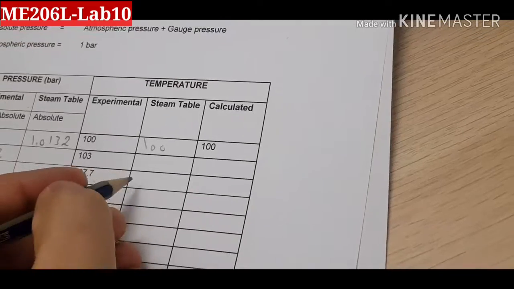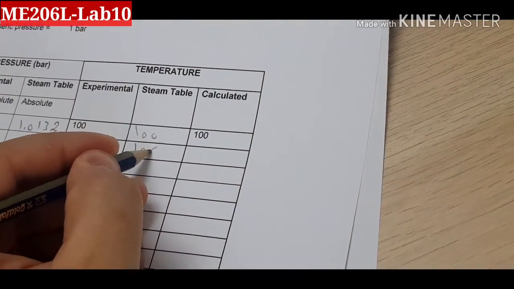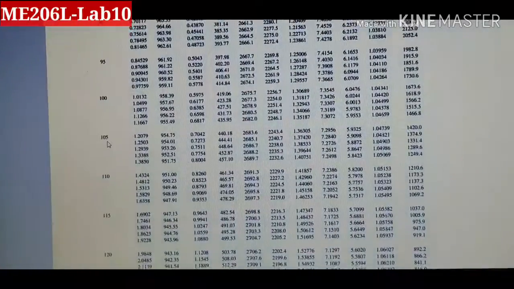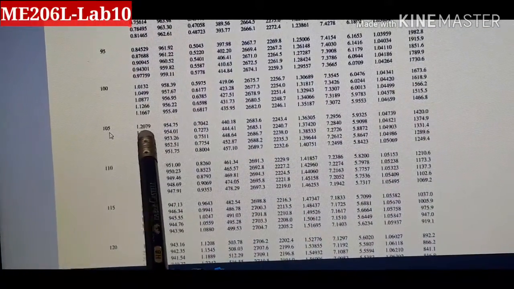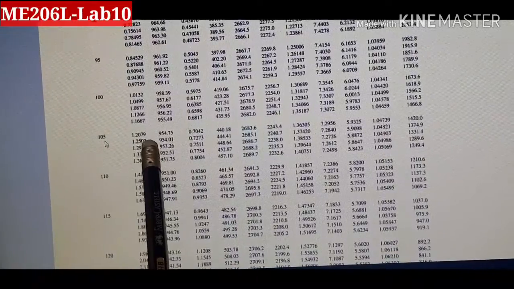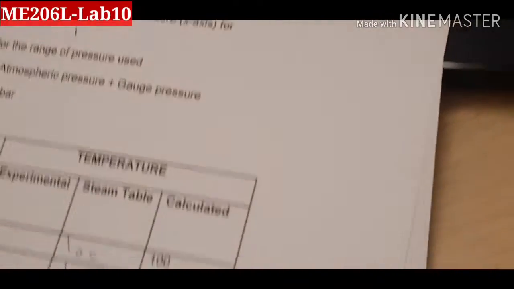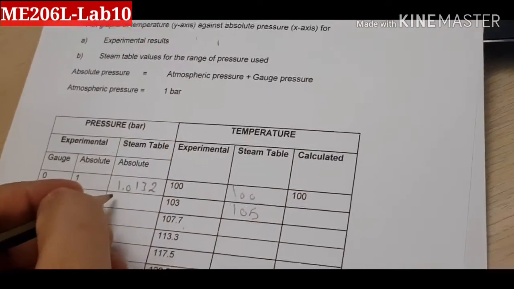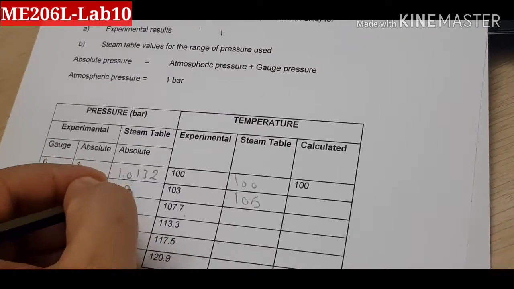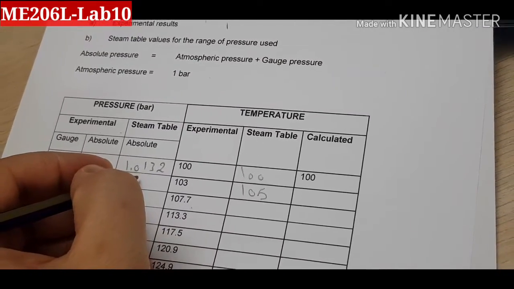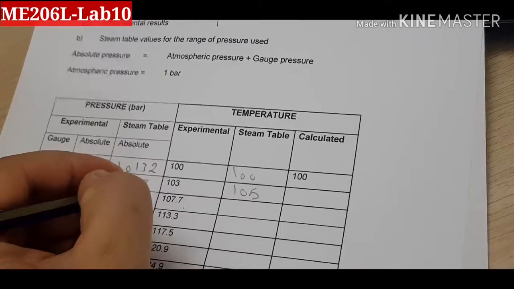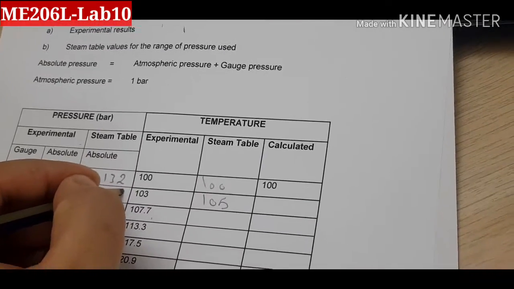So in the steam table here, we will write 105, and the pressure was 1.2079. Here it will be 1.2079.